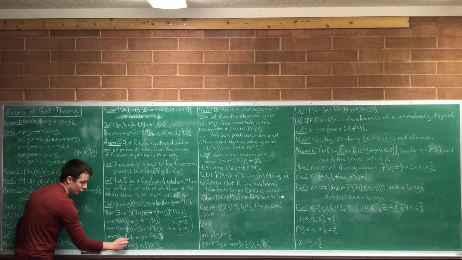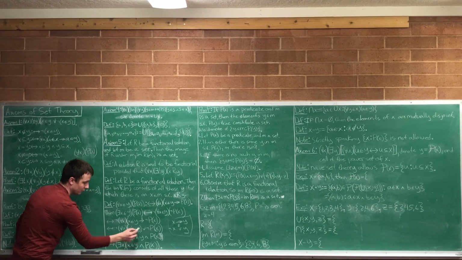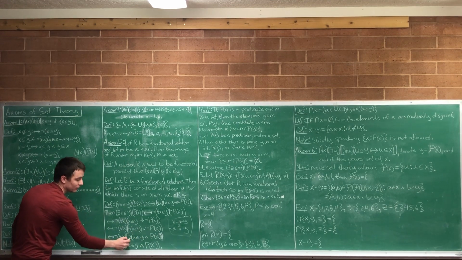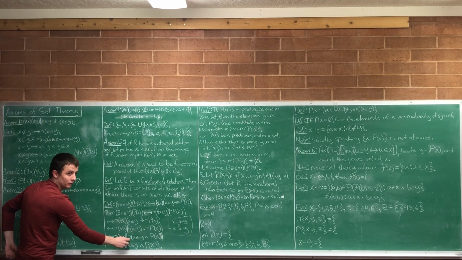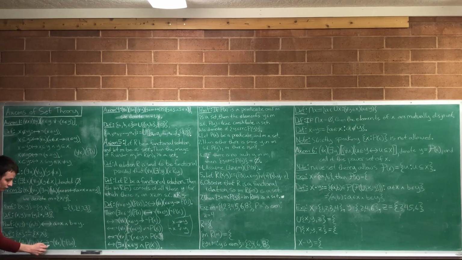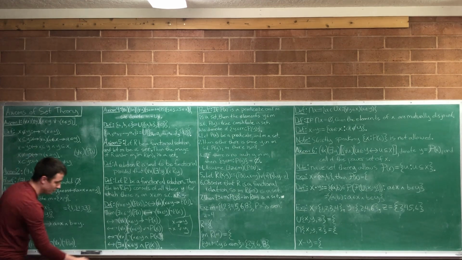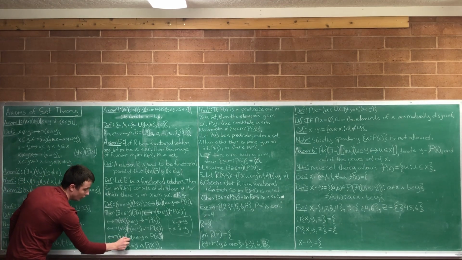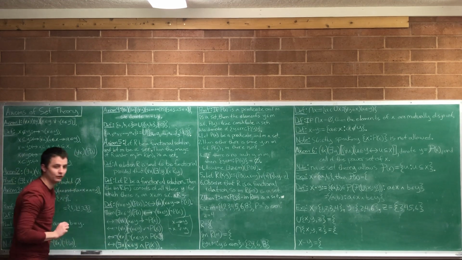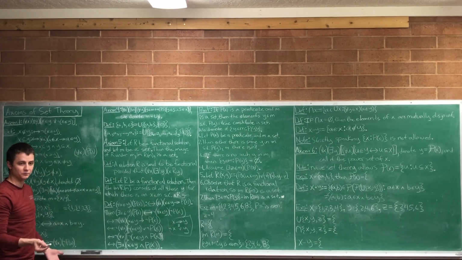When you distribute the not, you turn the and into an or. If you factor it out, you turn the or into an and. And then finally, back to this definition: not for all, not some condition, is the same thing as there exists with that condition. And we're done.